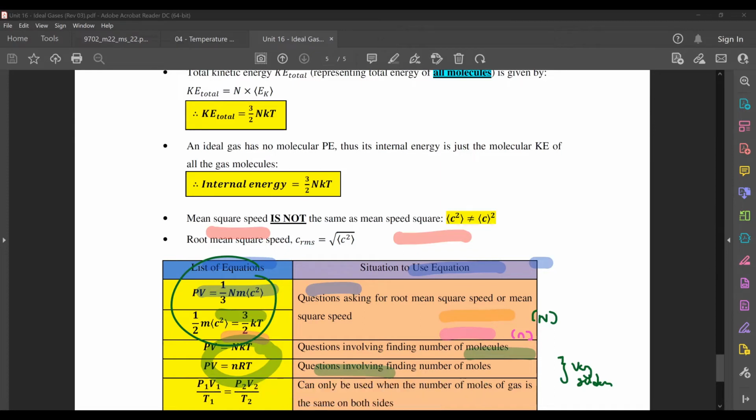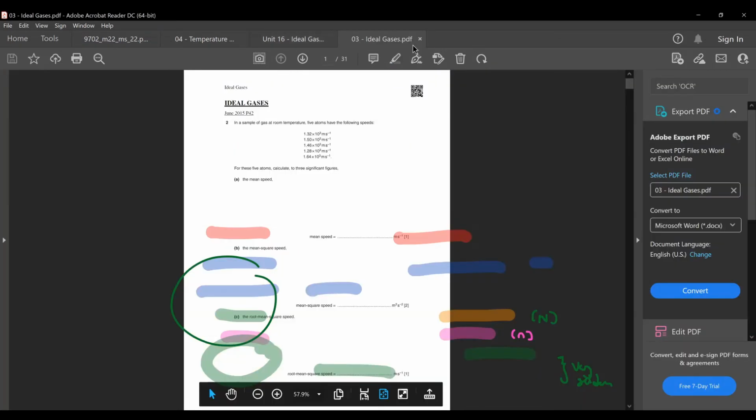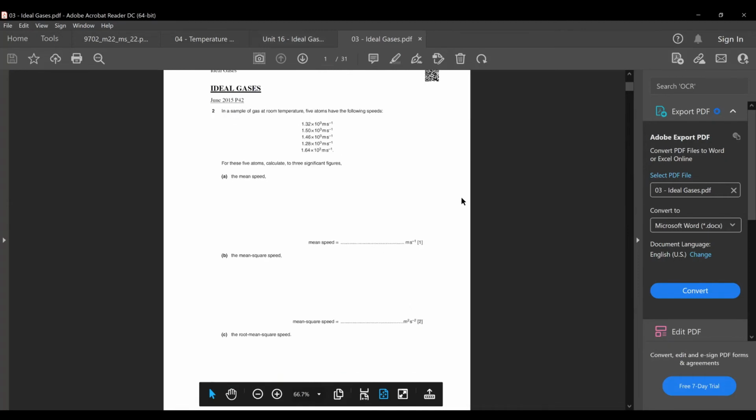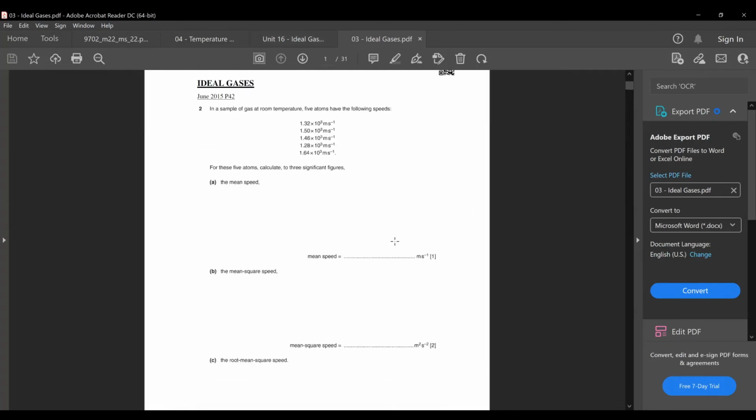Right, so let's just do some questions. We can do some simple ones. Next week will be the somewhat more difficult ones. Today is just the concept. All right, have a look at the ideal gas worksheet. You can have a look at page 1 actually. Let me just open it up.